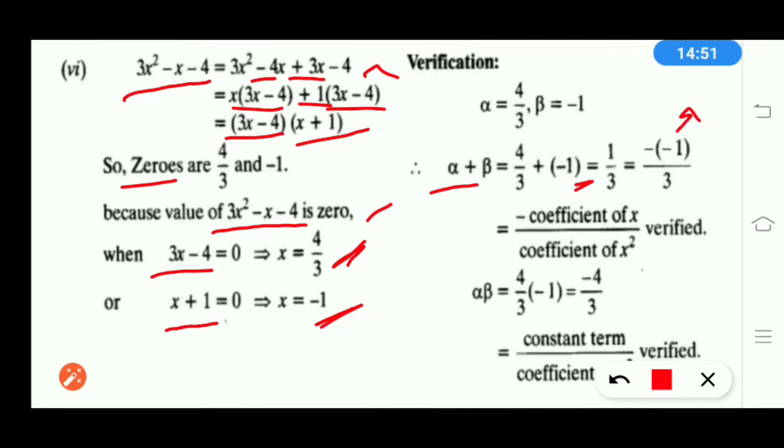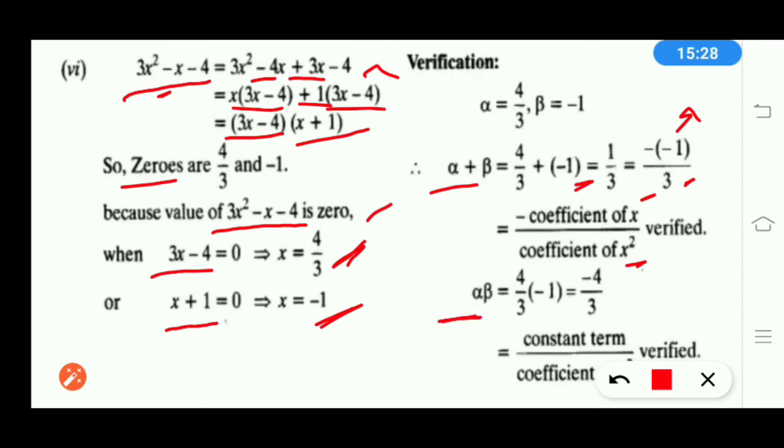Now minus 1 is the coefficient of x, and 3 is the coefficient of x square. Or you can prove it in this form: the left hand side, alpha plus beta, is 1 by 3, and the right hand side, minus coefficient of x divided by coefficient of x square, is also 1 by 3. So verified. Clear?